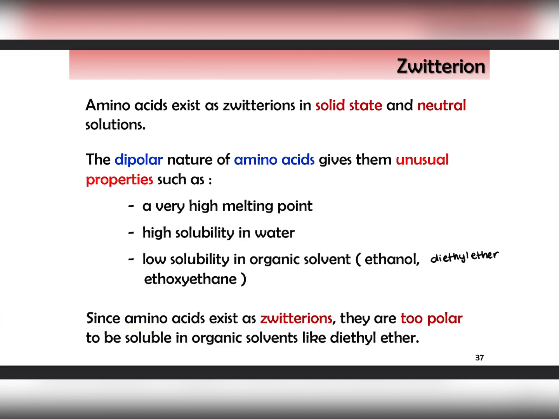Because of the dipolar nature of this amino acid, they have unusual properties such as high melting point, high solubility in water, but they have low solubility in organic solvents such as ethanol, diethyl ether, and this is because they can exist as zwitter ion and they are too polar to be soluble in those organic solvent.